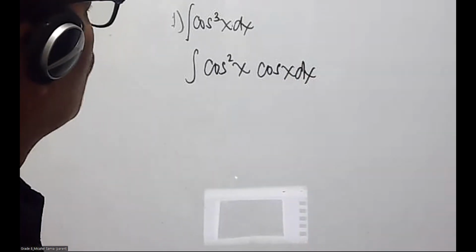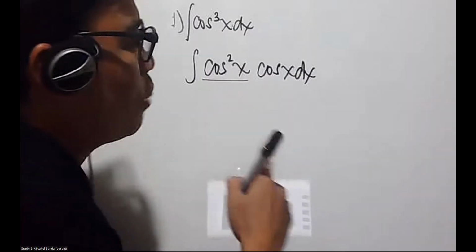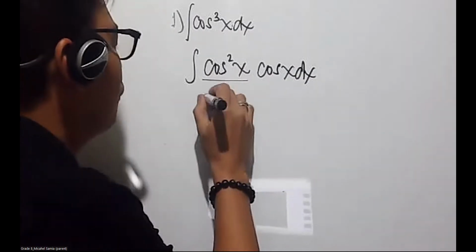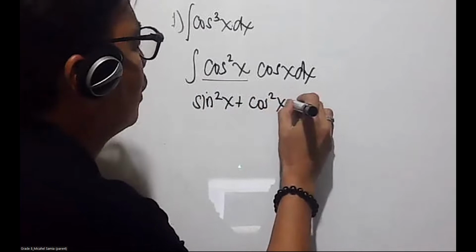Now, using the trigonometric identities from the Pythagorean theorem, cosine squared theta is equal to 1 minus sine squared theta. Writing the formula, sine squared x plus cosine squared x is equal to 1.